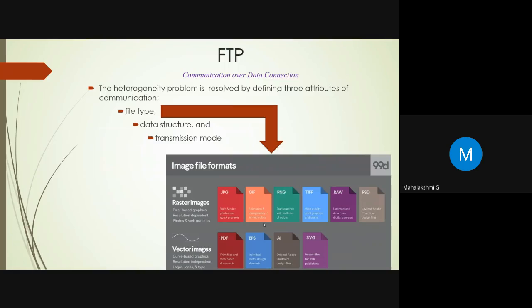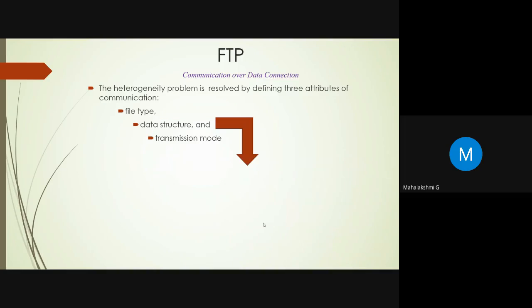The next one is data structure. Again, we have three different structures: file structure, record structure, and page structure. In the file structure, the file is in the format of a stream of bytes. Everything looks like a stream of bytes.